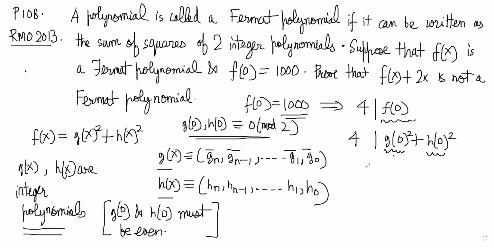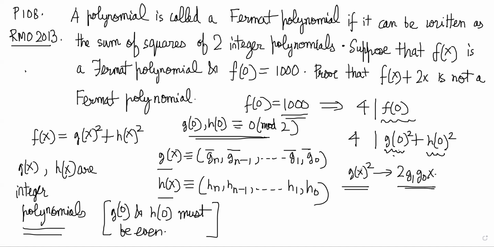Now think about it. What is g of x square? When you square this, you will get many terms which will have x square term. And then you will get a few terms which have x coefficient, right? The term with x coefficient in this would be 2 g1 g0 x, right?